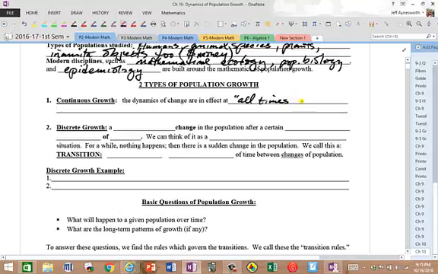All times. We're talking every day, every hour, every minute, every second there is change.